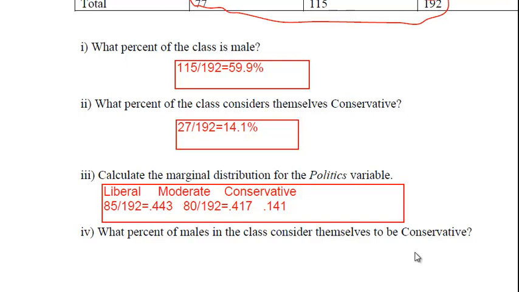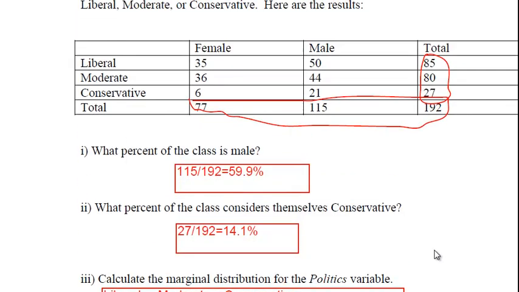All right, last two questions. What percent of males in the class consider themselves to be conservatives? This question is a little bit trickier because it takes into consideration both variables at the same time. We want to know the percent of males that are conservative. So we go back up to our table. Now we're only going to be dealing with this column right here.